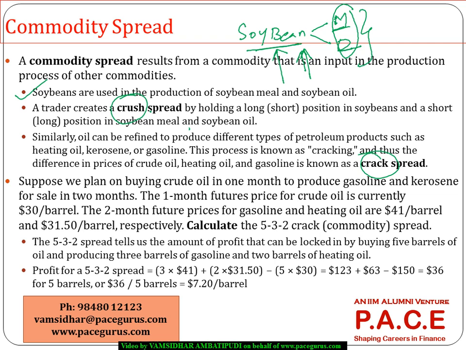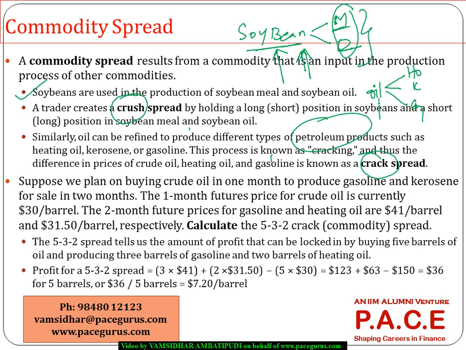Whereas the same thing, especially when it is applicable to petroleum products, again the same logic. The crude oil is giving rise to heating oil, kerosene, and let's say gasoline. The same strategy can work here.